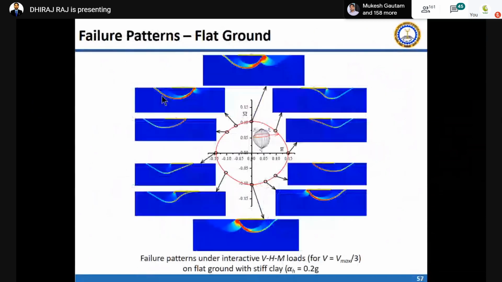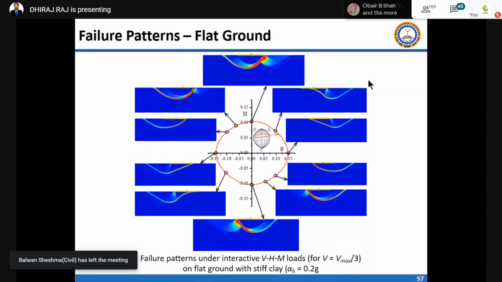This is all because of the failure surface. The Terzaghi failure surface you will never find in case of combined vertical movement and shear. You can see that in no case are we finding this kind of symmetric failure surface. So these are the reasons behind the shifting of the locus, the bearing capacity reduction, and other things.